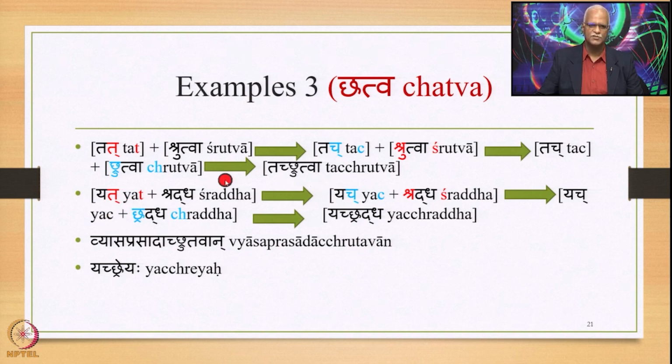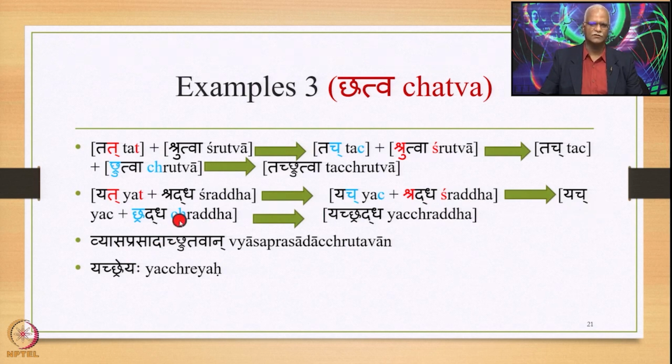Similarly, Yat plus Shraddha. Yo yat shraddhaḥ sa eva saḥ. So Yat followed by Shraddha. Ta first of all gets substituted by Ch by the sutra Stoḥ ścunā ścuḥ, and then this Sh at the beginning of Shra is substituted by Ch, and so we get Yach Shraddha.